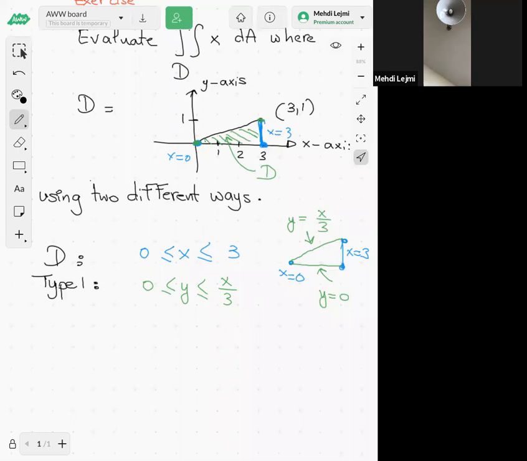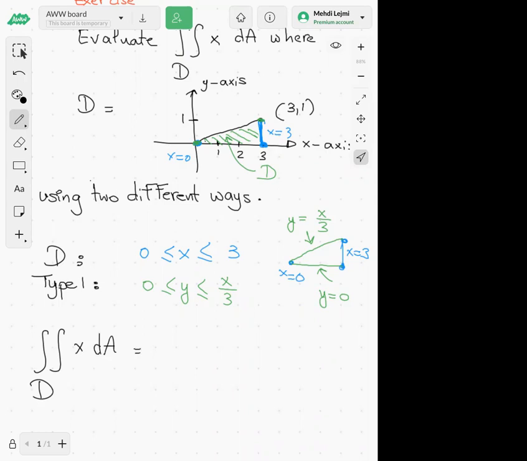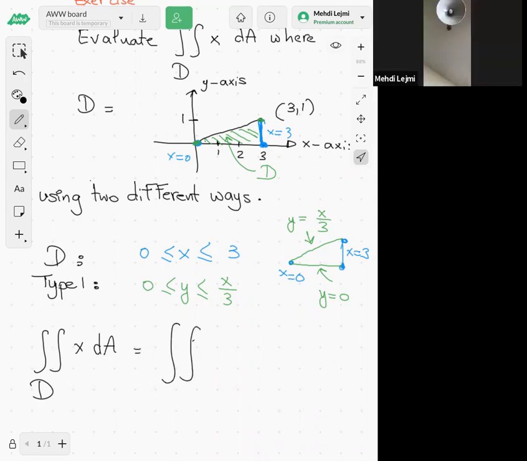And now you can evaluate your integral. So your double integral over D of x. In case of type 1, your x is between two constants and your y between two functions of x.